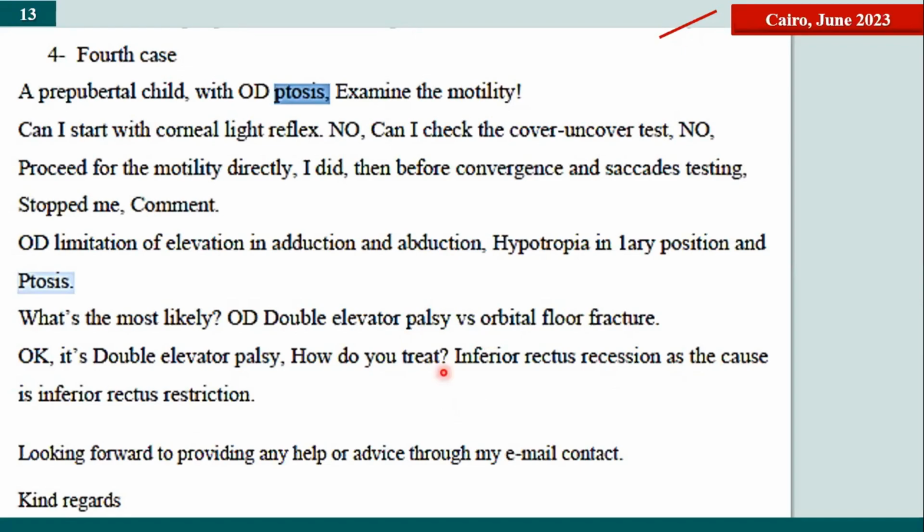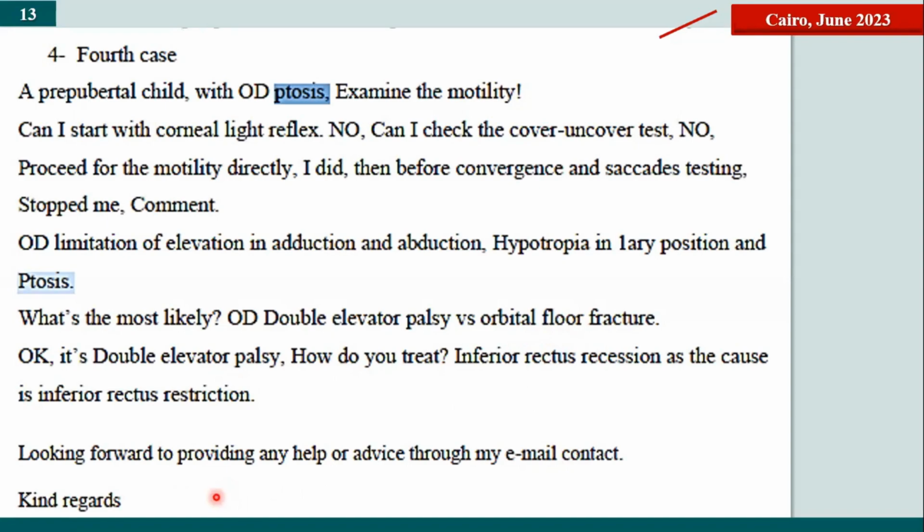So as you can see, the examiner agreed on the diagnosis of double elevator palsy, but it's better to say monocular elevation deficiency. And as I mentioned, you have to categorize them according to the results of the force reduction test. But again, orbital floor fracture, you may usually encounter such a case in the oculoplastic station, and this is a neuro station. But there's no harm in mentioning this in the differential.